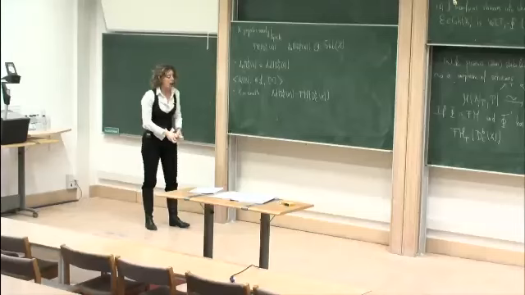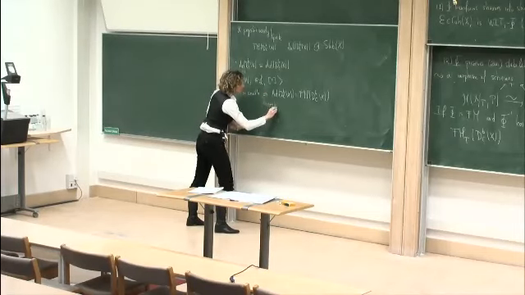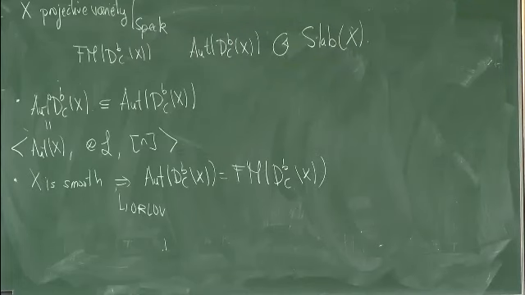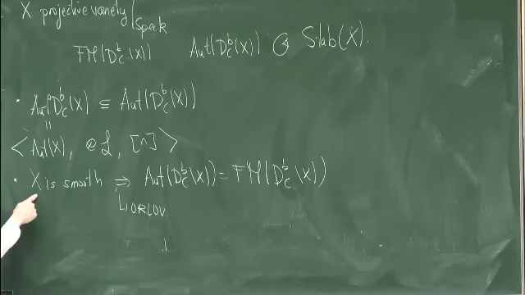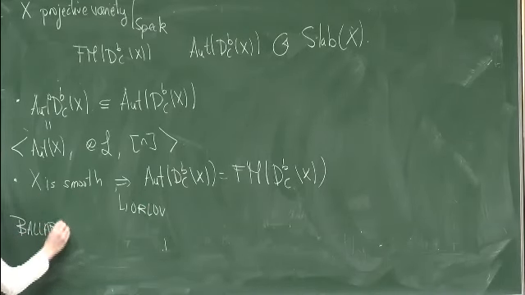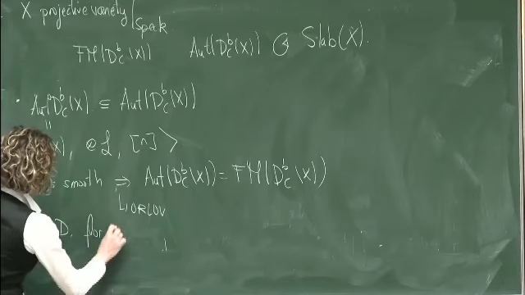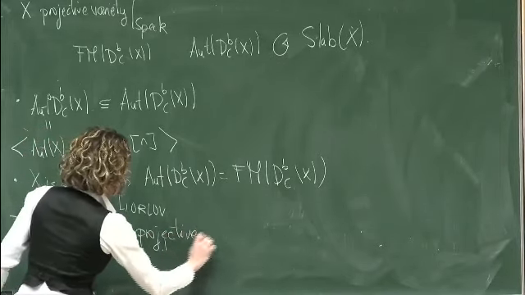Okay. This was done by Orlov, a classical result that any fully faithful functor is representable by some object. And this result has been recently generalized. This is for X smooth. This has been generalized by a work by Ballard for any projective scheme.